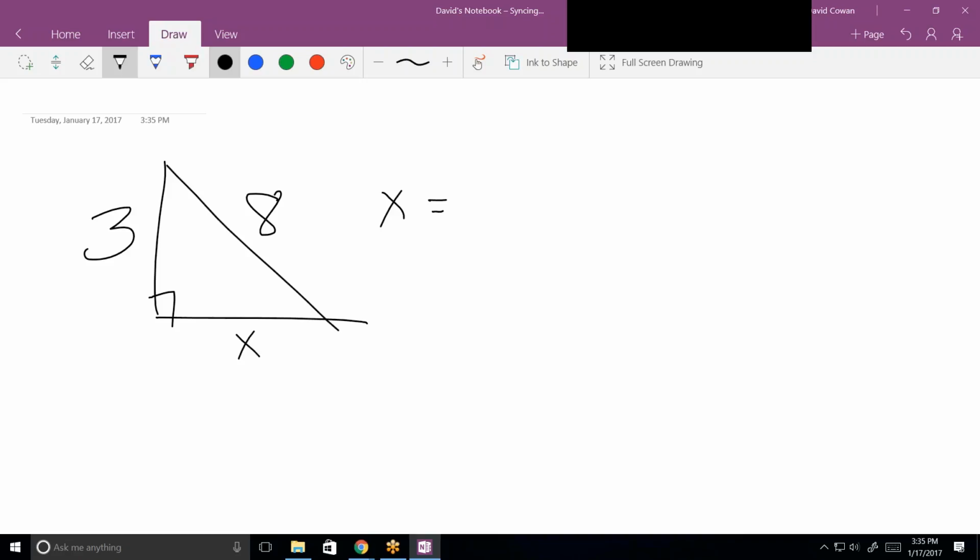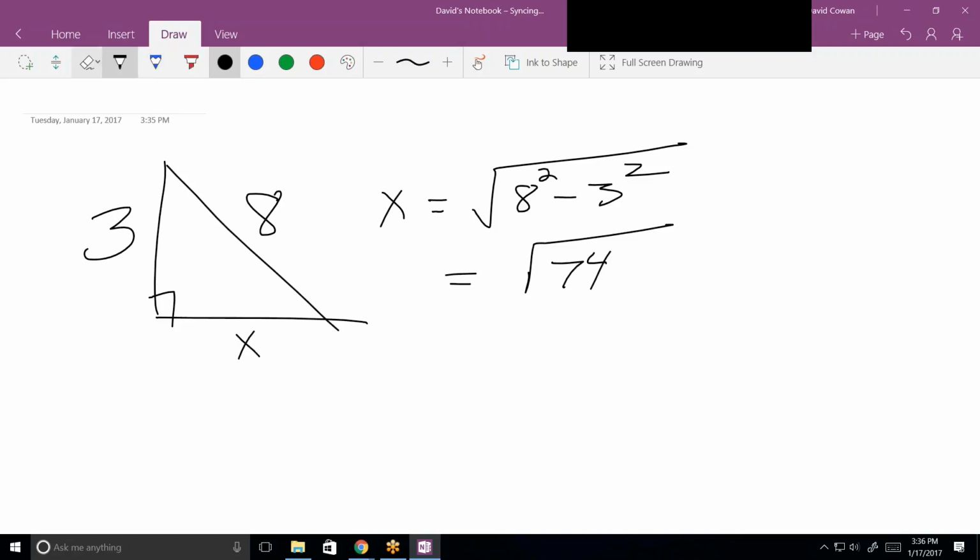First of all, the first words out of your mouth should always be square root of. And in this case, it's going to be 8 squared minus 3 squared, which is the square root of 74.